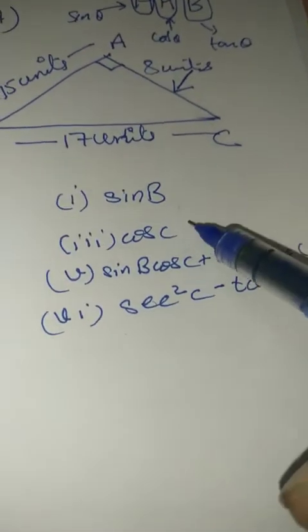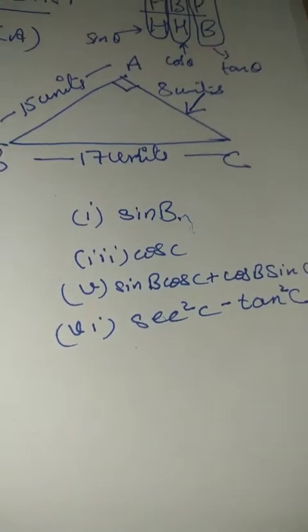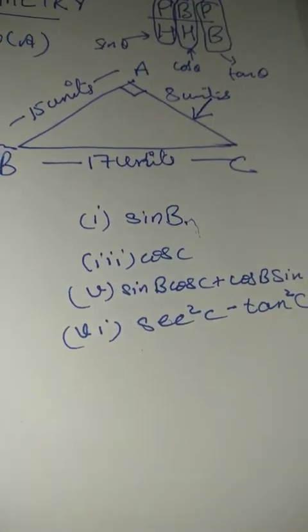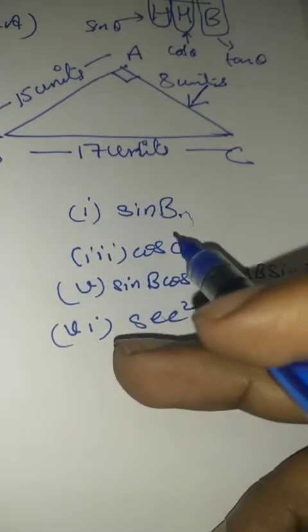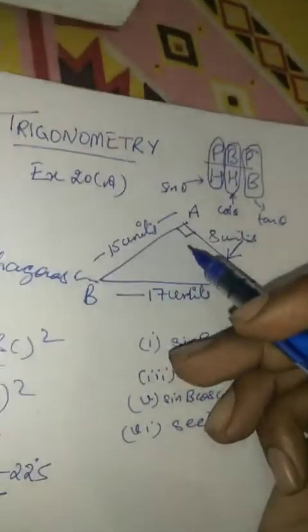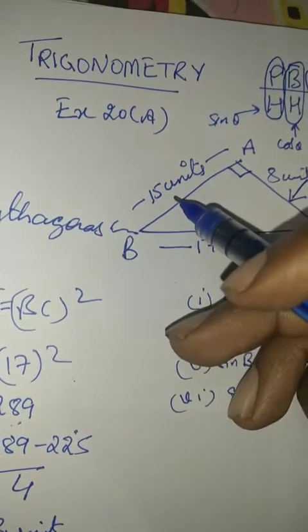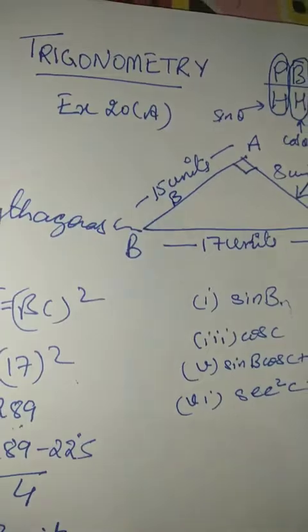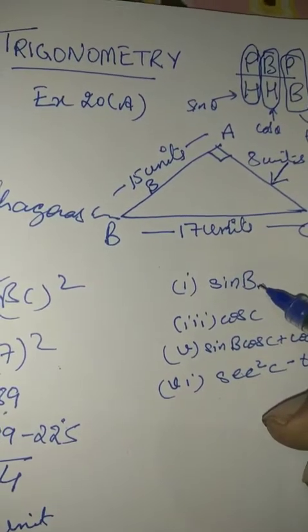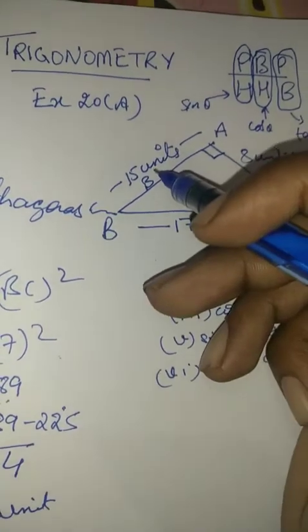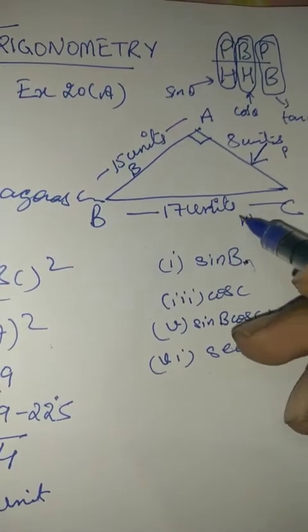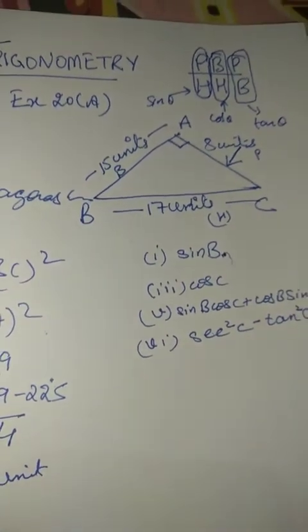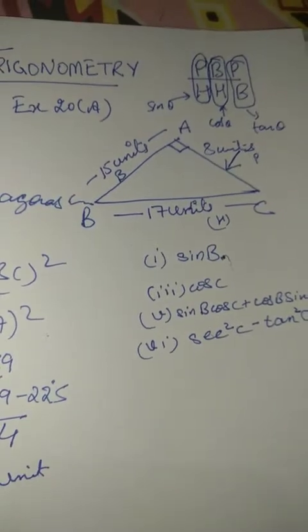So what does it matter? This point refers to the angle. So now the line onto which 90 and this angle B are present will be taken into consideration. So this will become our base till the time we are proceeding with B as the trigonometric ratio, this will become the perpendicular, and obviously this will remain the hypotenuse for every case. Alright, so the very first ratio is perpendicular upon hypotenuse.